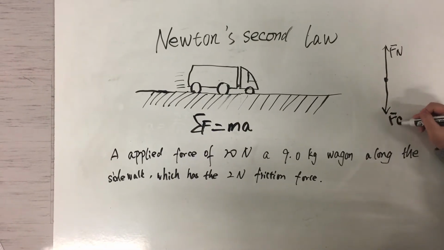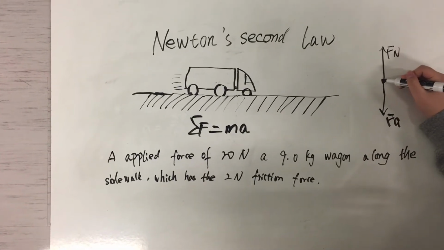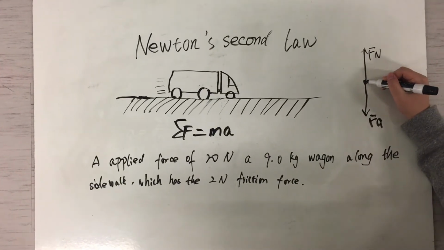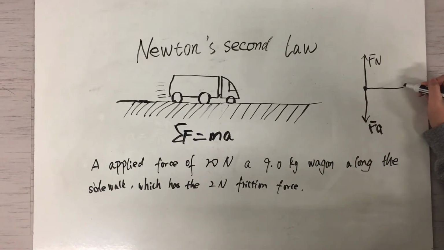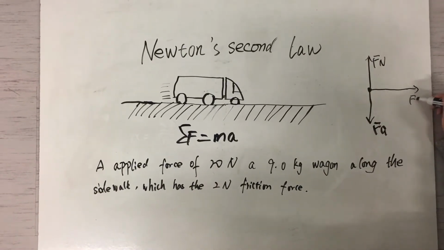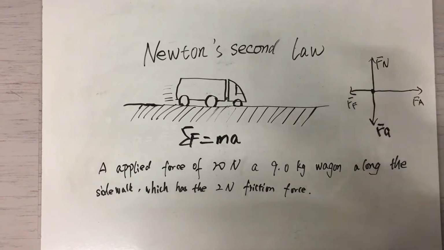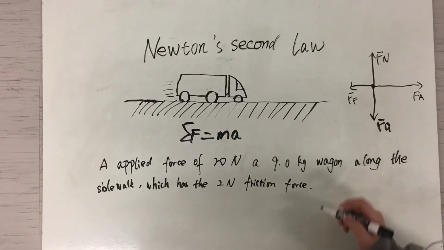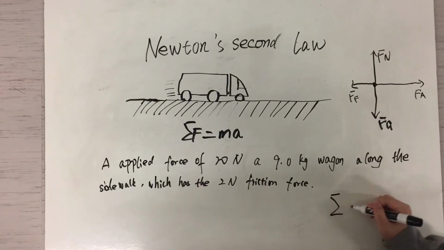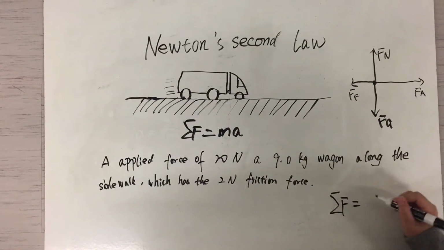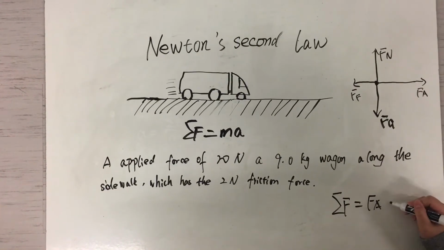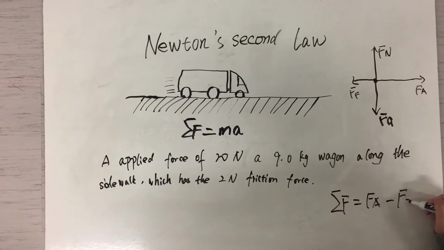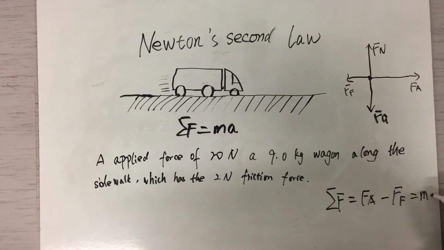This is the Fg. Because the wagon is speeding up, this is the Ff. So the net force equation is net force equals Fa minus Ff equals ma.